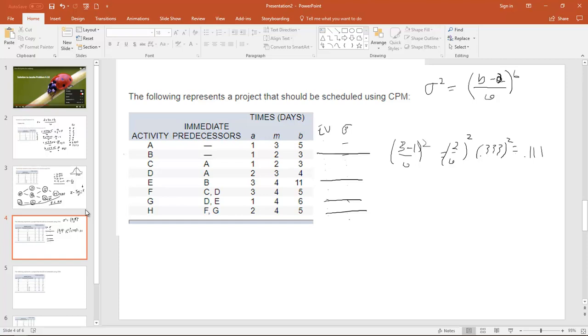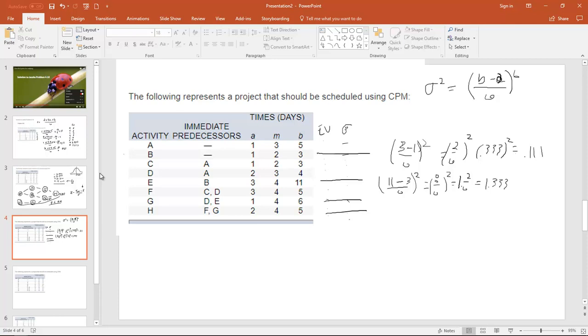Okay. The next one we calculate is 11 minus 3 over 6 squared, which is 8 over 6 squared, which is 1 and 2/6. Okay, so 6 goes into 8 once, and there's 2/6 left over. 2/6 is 1/3.